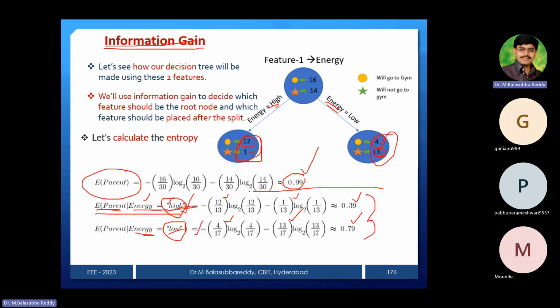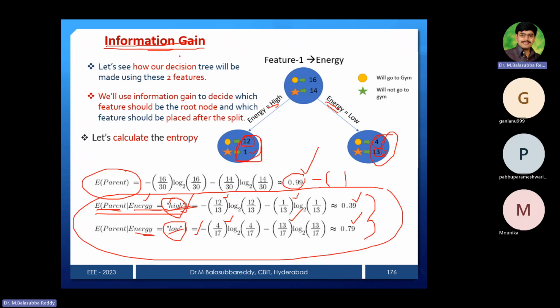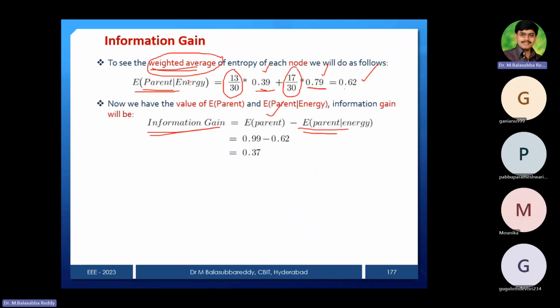You take the weighted average, and this value subtracted from the parent will give us the information gain. That is a simple formula. This is the parent, 0.99. The weighted average with energy as our root node is 0.62. Therefore, information gain is equal to 0.37.